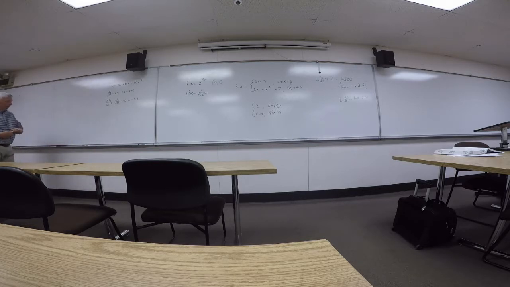So we're told f double prime of x on the interval AB is continuous, and that f of x has at least 3 zeros.